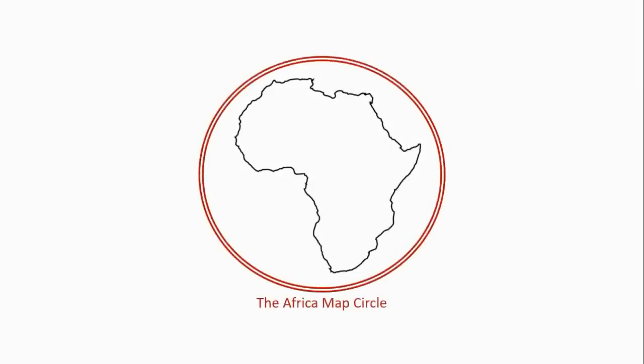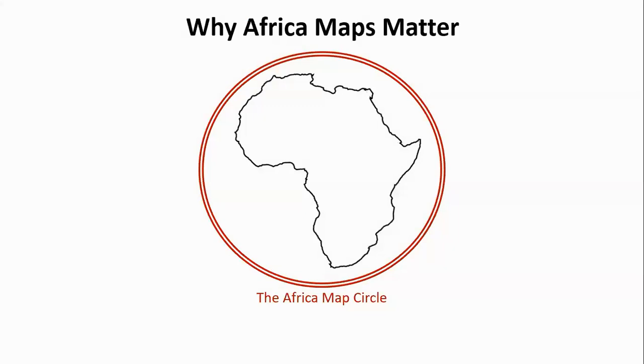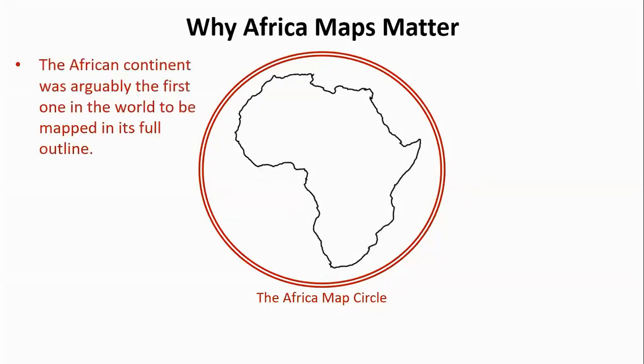The Africa Map Circle is actually a very interesting group of people devoted to the study of African maps, looking particularly at why Africa maps matter. The African continent was arguably the first one in the world to be mapped in its full outline form.